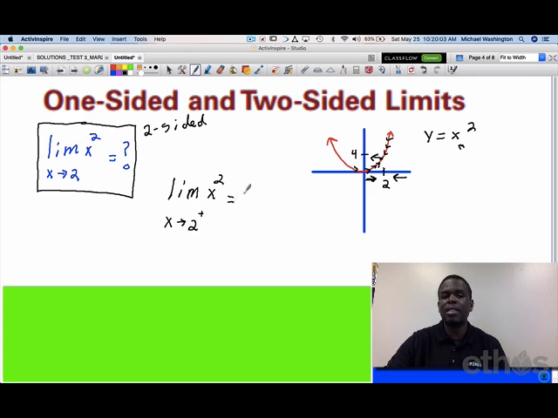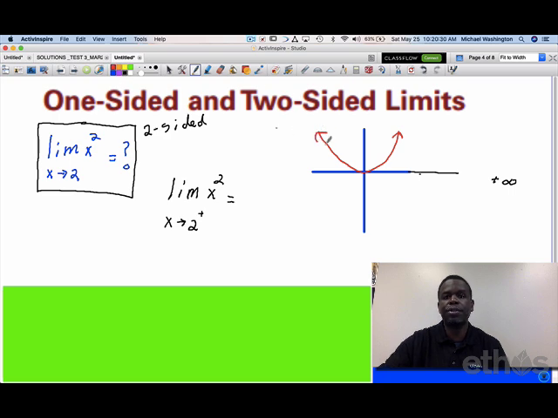What this is telling us is that, well, we're going to approach 2, but we're only going to approach 2 from which side do you think we're coming from? Well, when you think about positive, all the positive numbers are going to be on this side. Okay, so in essence, it's as if you're coming from positive infinity. You're going to be approaching 2 from positive infinity, and that's the only way we're going to approach 2.